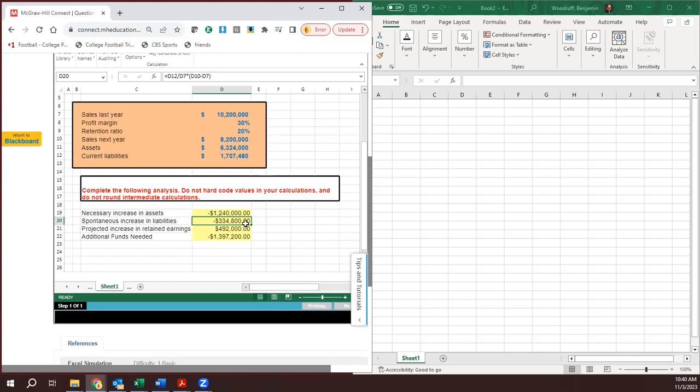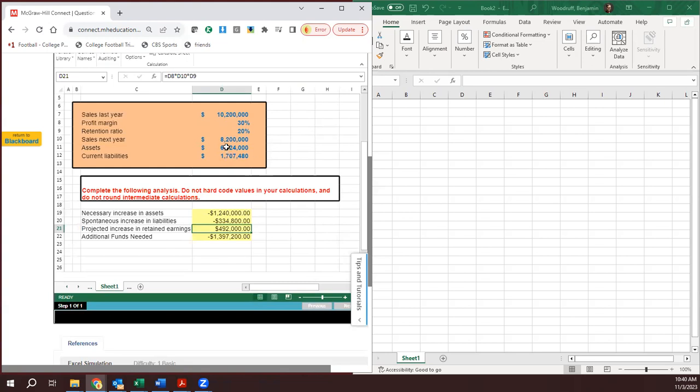Okay, so what does this mean for retained earnings? Retained earnings is not going to be negative, because retained earnings is based on my new sales. I'll show you this formula here. I take the sales and multiply that by my profit margin. That's going to tell me what my net income is. I'm going to multiply that by my retention ratio, and that's going to tell me how much I kept within the firm.